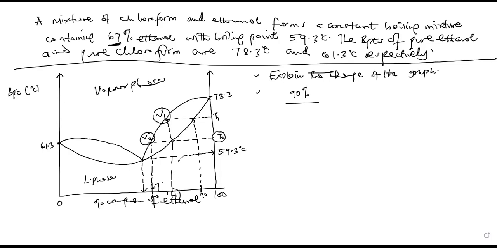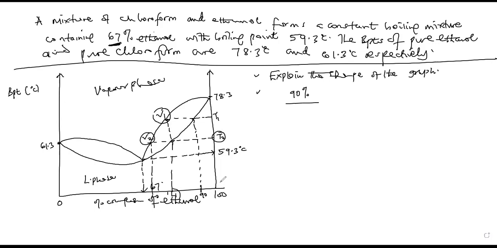When this L1 is heated, it will boil at T2, producing vapor V2, which when condensed will produce liquid L2 of the same composition as V2, but of a lower composition of ethanol. So when the process is continuously repeated, continuous heating and condensation will yield one azeotropic mixture as a distillate and ethanol as a residue.